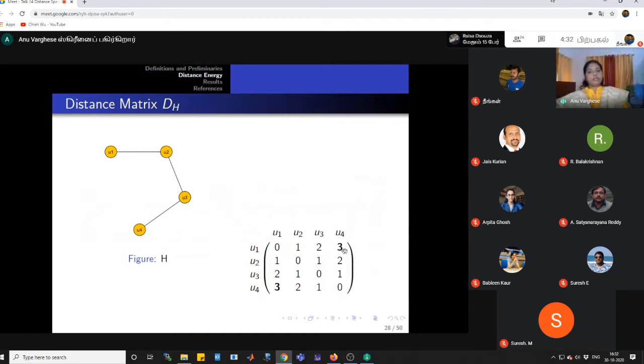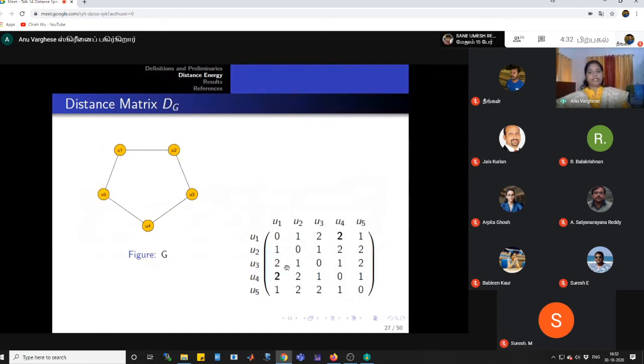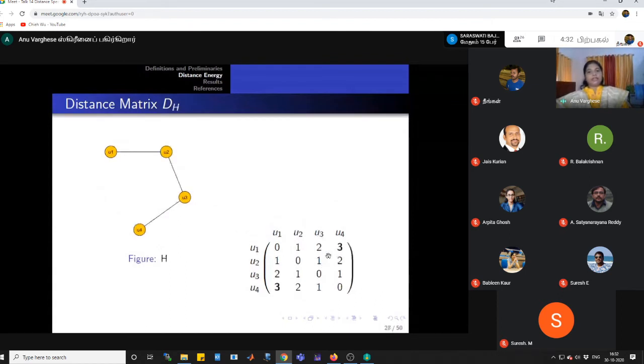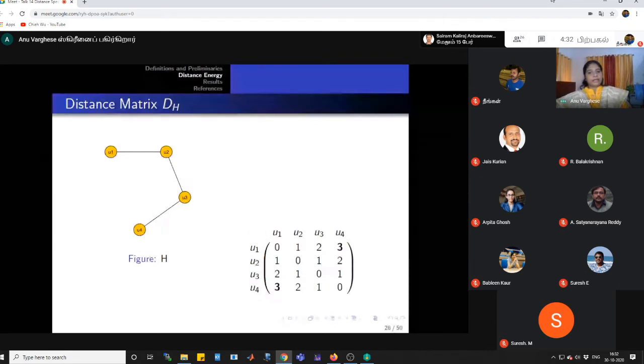Then the 1,4 entry changed. Before it was 2, now it is 3. So in the case of induced subgraphs, the distance matrix of the subgraph need not be a principal submatrix of the original graph's distance matrix. So the interlacing need not be true for the distance spectrum of an induced subgraph.